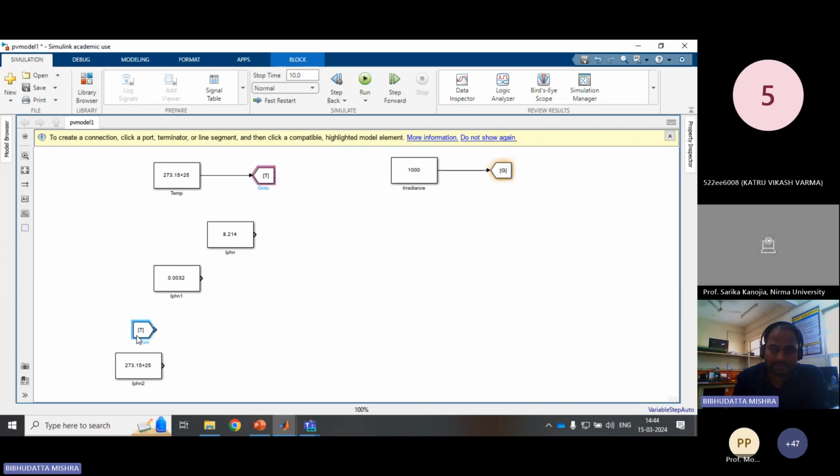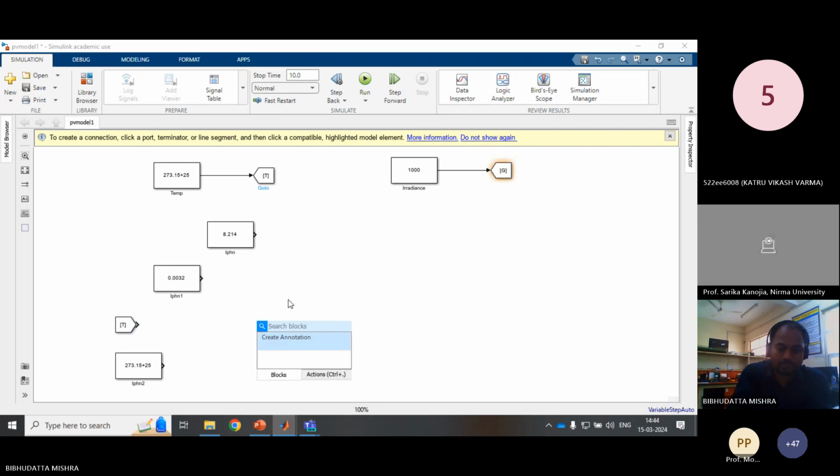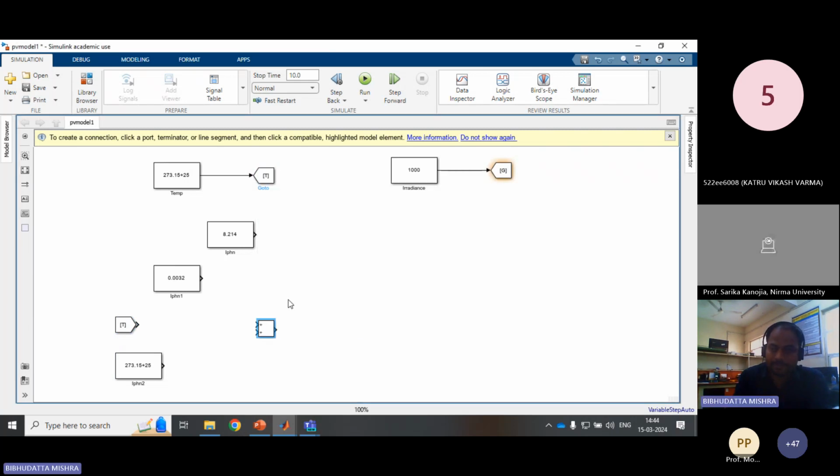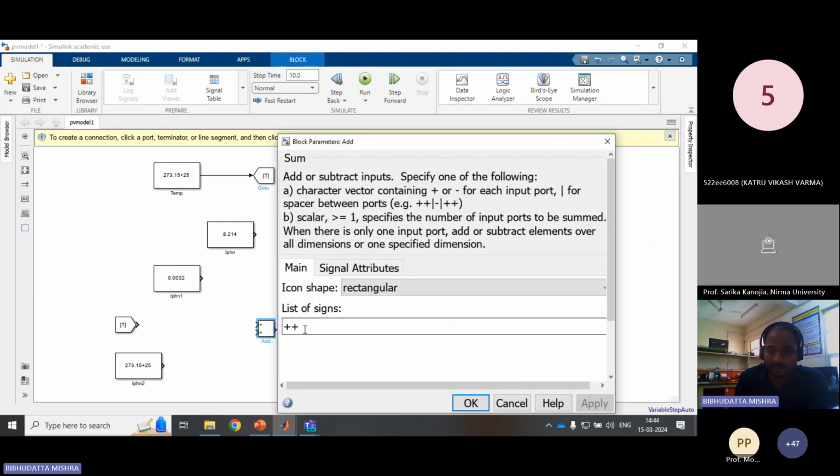This is the T, and this is T minus Tn. For this, we are making one sum or add block.